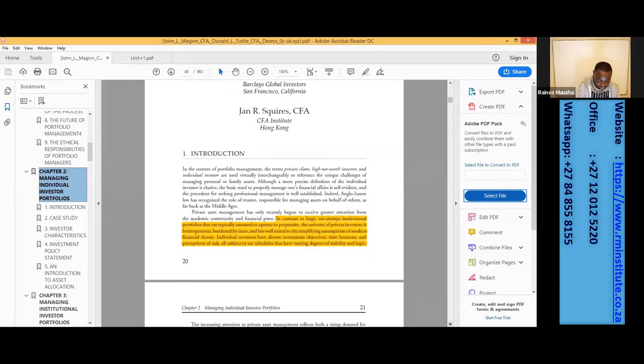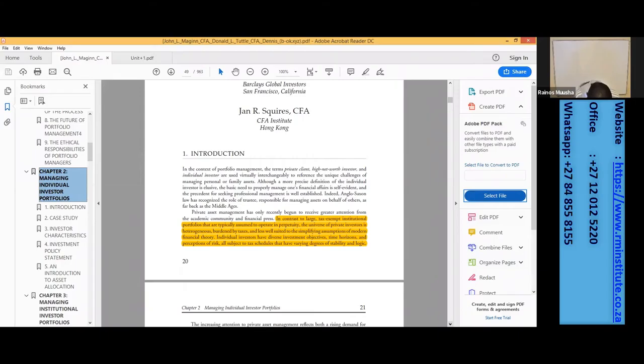So looking at this, under introduction, on paragraph number 2, they say private asset management has only recently begun to receive greater attention from the academic community and financial press.